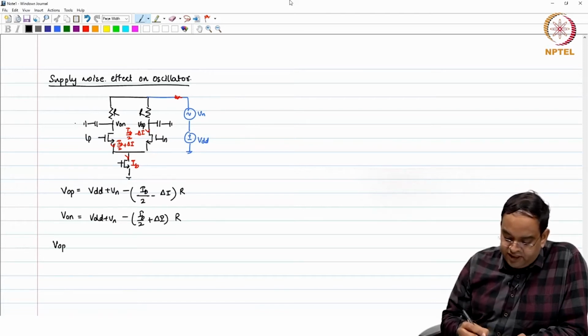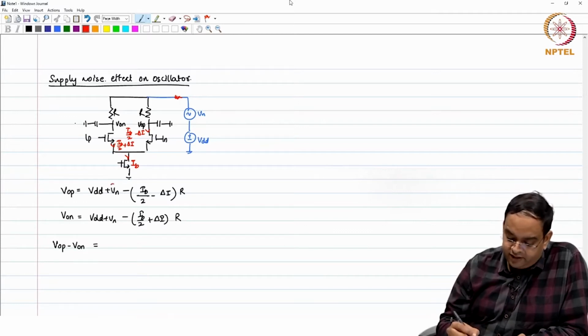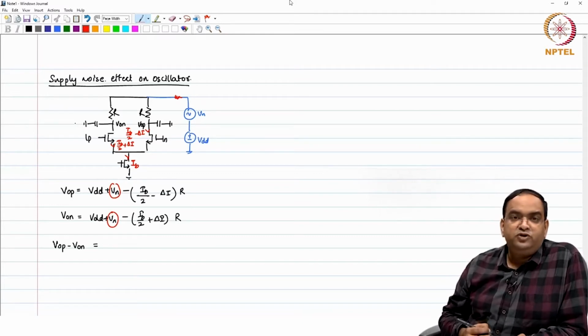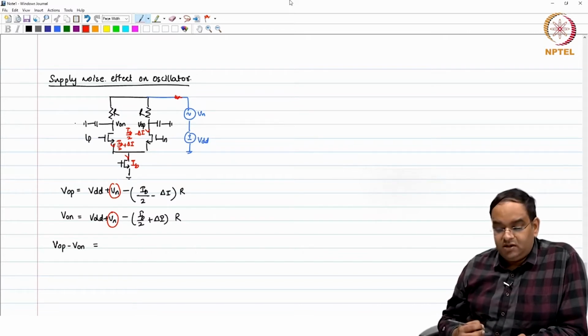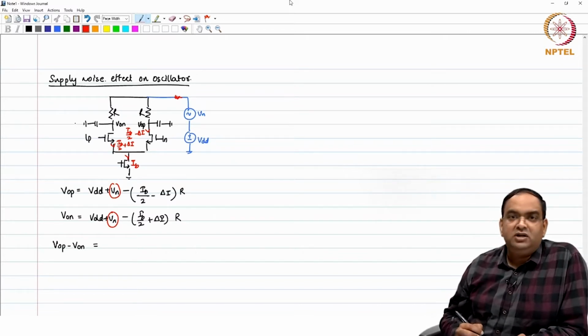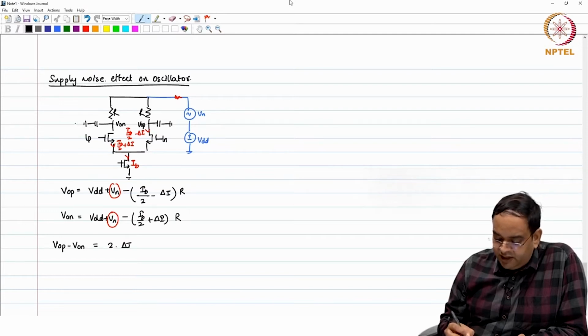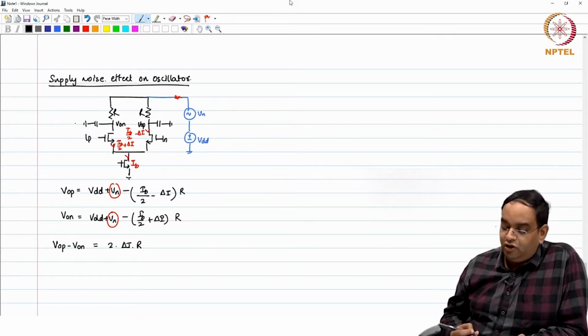So, if you look at the differential output swing, you do not have any effect of Vn on the output swing, and if you do not have any effect of Vn on the oscillator output waveform, you have no effect on the jitter or the phase noise from the oscillator also. So, here VOP minus VON is nothing but 2 times delta I times R. It was the same before without the noise also.